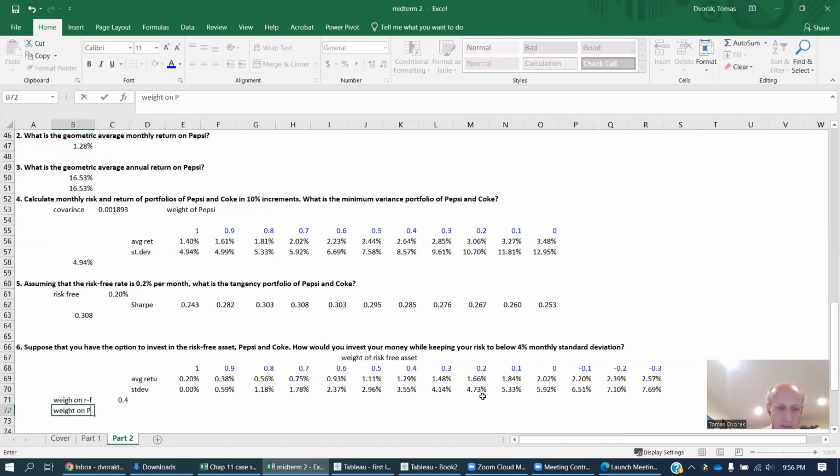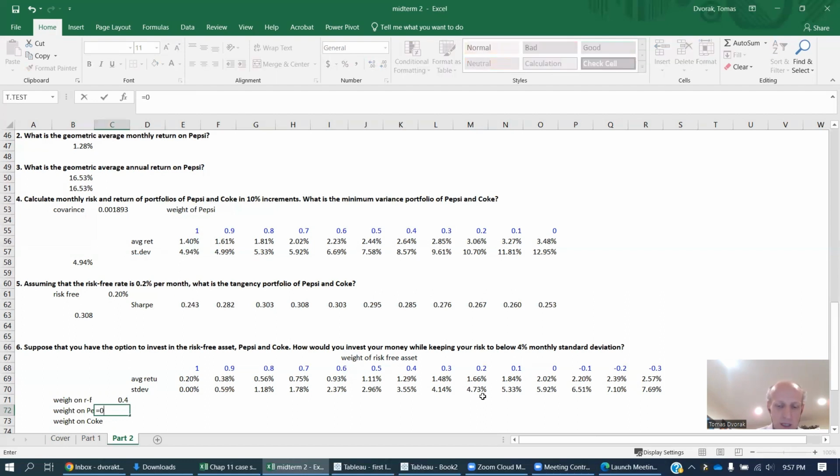The weight on Pepsi and weight on Coke, it has to be 70-30. So I need to divide 0.6 into not equal shares, but really 30% of that 0.6 needs to be Coke, and 0.7 of that 0.6 needs to be Pepsi.